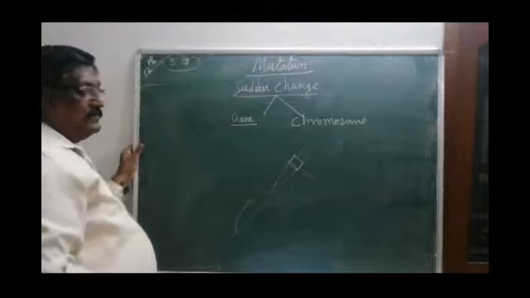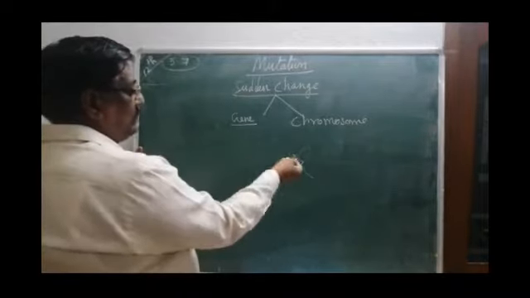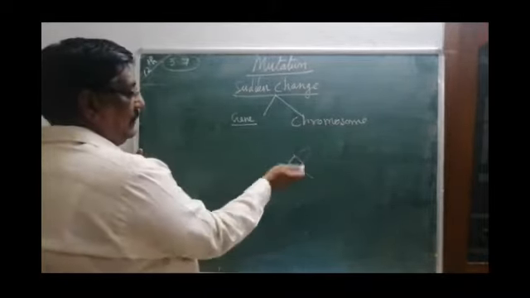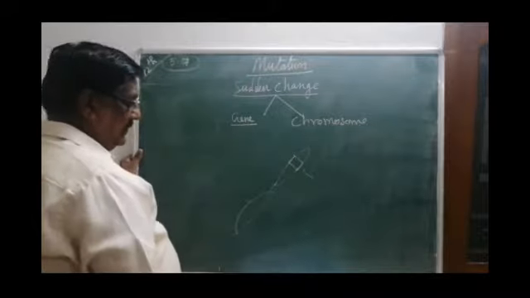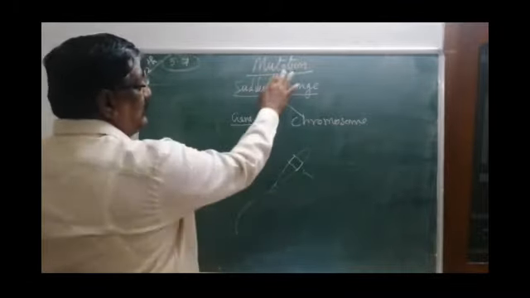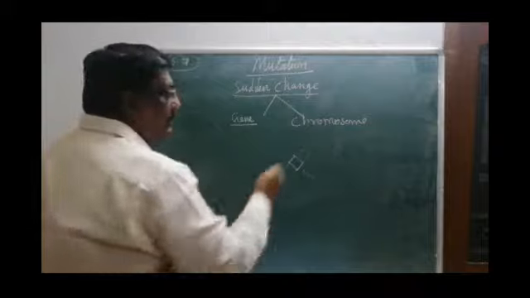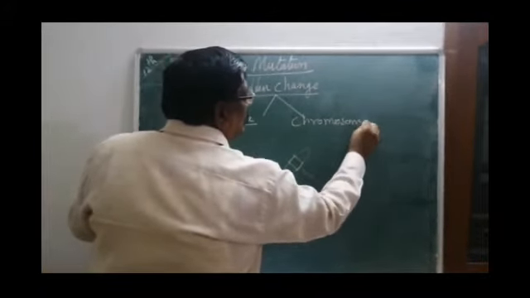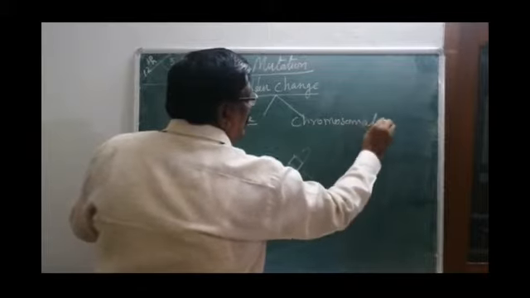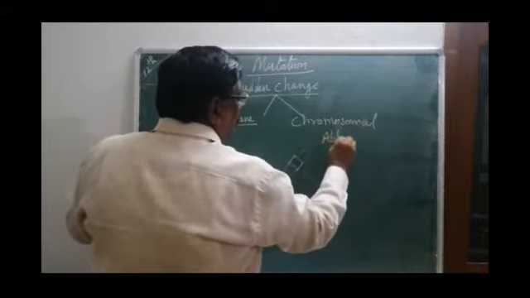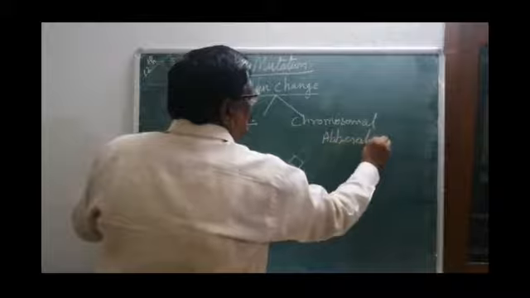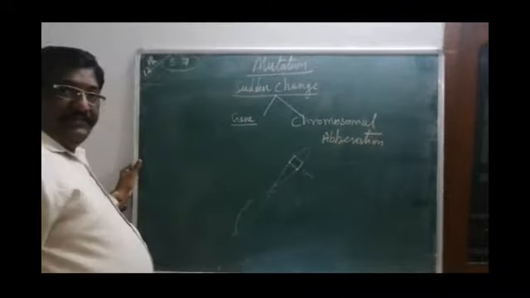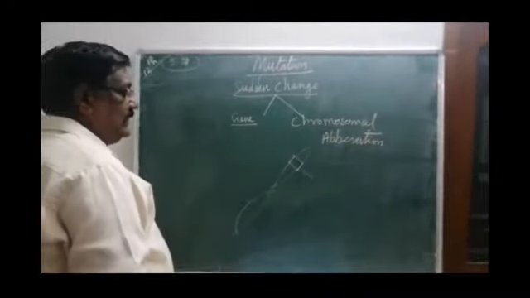Now this type of sudden change takes place and makes some changes here, either by gaining or by losing the part. This is mutation in chromosome. This is called chromosomal aberration. It takes place in the chromosome.